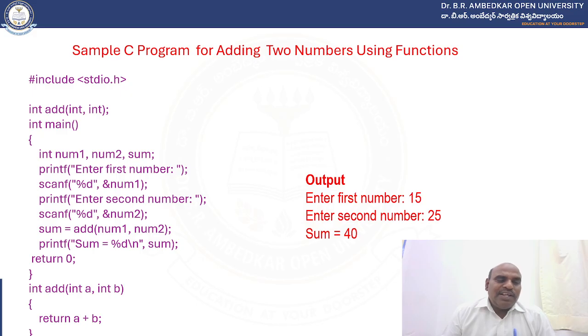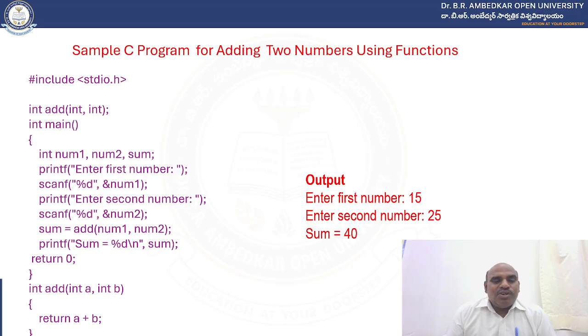Next, enter the first number, number 1, then the next number, number 2. Next, sum equal to add(num1, num2); This is called a function call. We are calling the function. That is the second part.